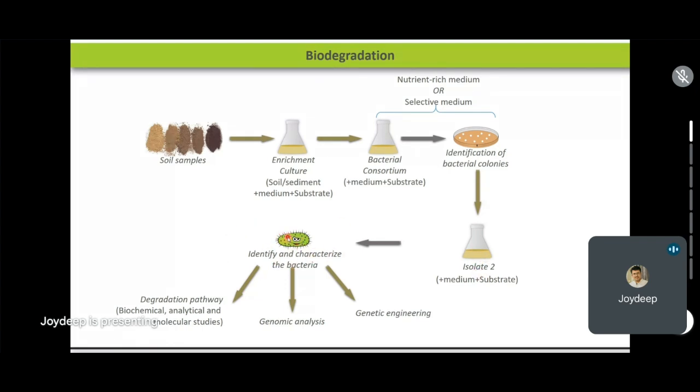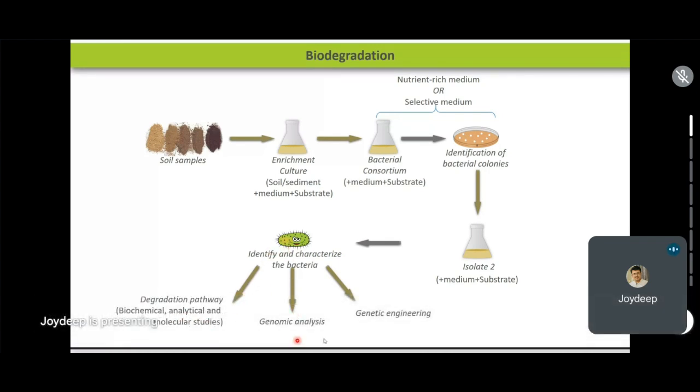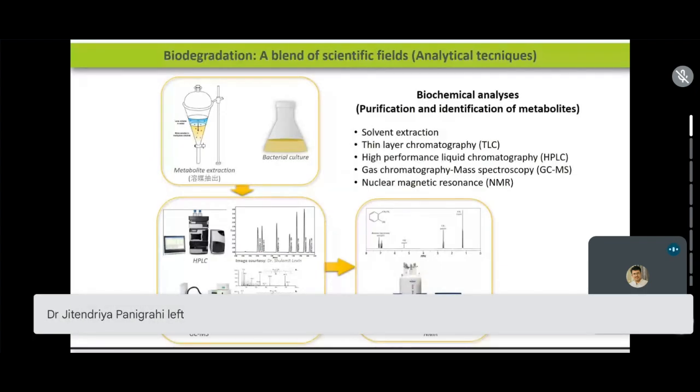So now we take the culture as our single isolate or degrader strain, and based on our research goals, we can move towards degradation pathway analysis, which comprises biochemical, analytical, molecular studies. We can go for genomic analysis, molecular biology techniques, recombinant DNA technologies like that.